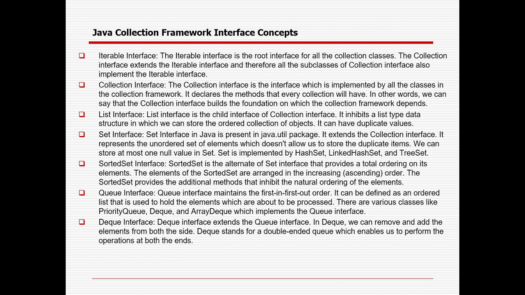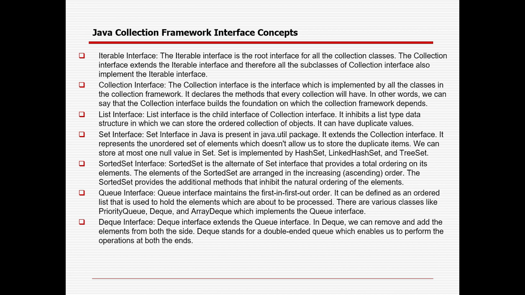Okay, so the list interface is a kind of ordered collection interface. Whatever order you enter the data in, the same order you will get the data back. It can have duplicate values, whereas set represents an unordered set of elements which does not allow duplicate items.